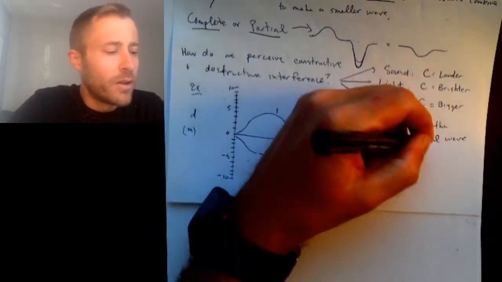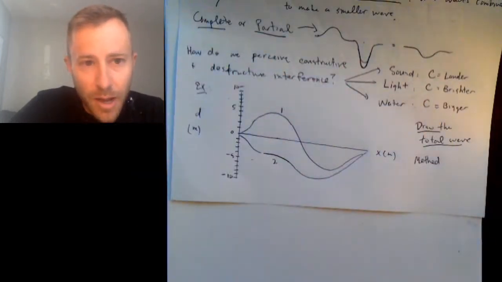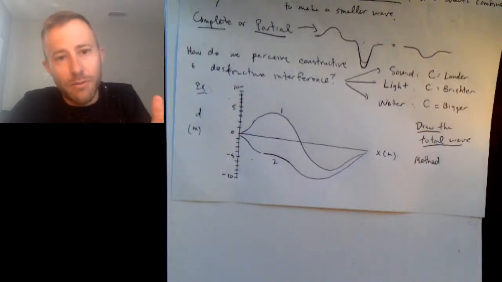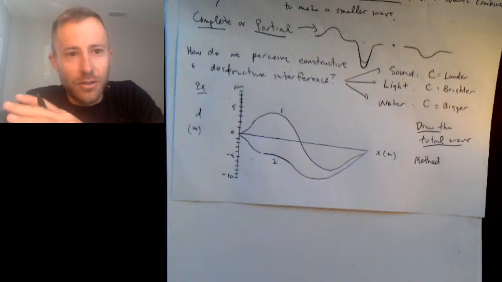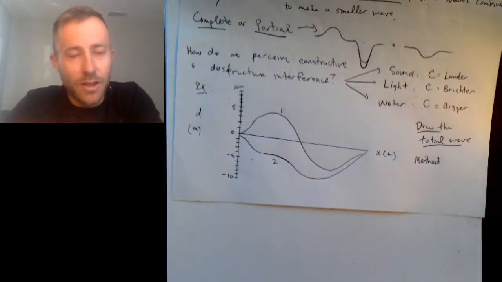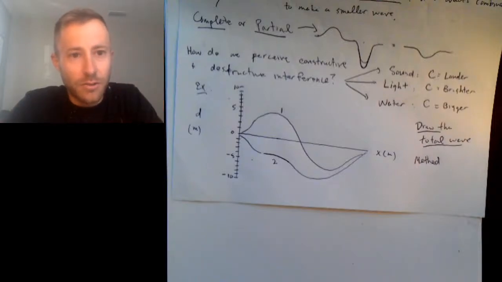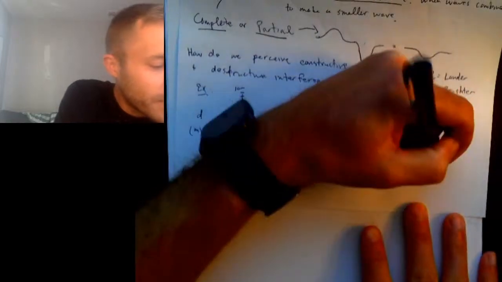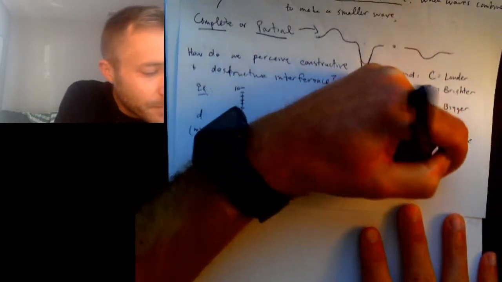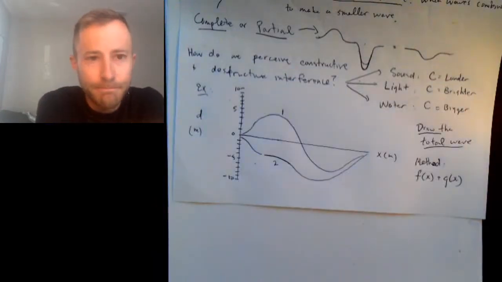And so the method, you already know how to combine waves. If you've ever been in your math class and you've been given a function f of x, and then you have another function g of x, and you draw the function f of x plus g of x, so it's just like adding functions. Exactly like that.